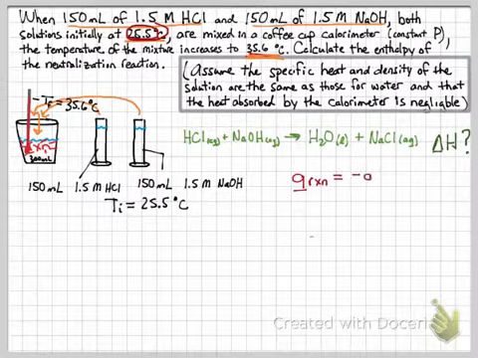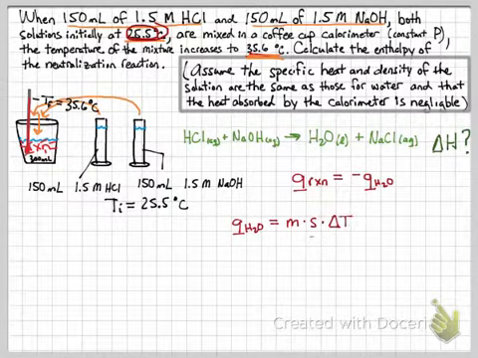So, heat of the reaction equals negative heat exchange from the water. We can calculate the heat exchange for the water from the mass of the water, its specific heat, and the change in temperature. Now, mass of water we don't know, but we do know the volume. The total volume was 300 milliliters.